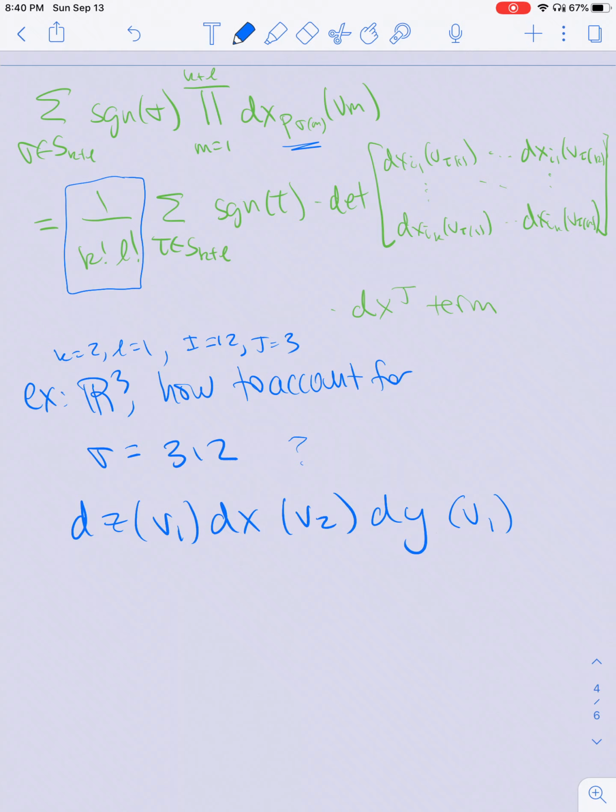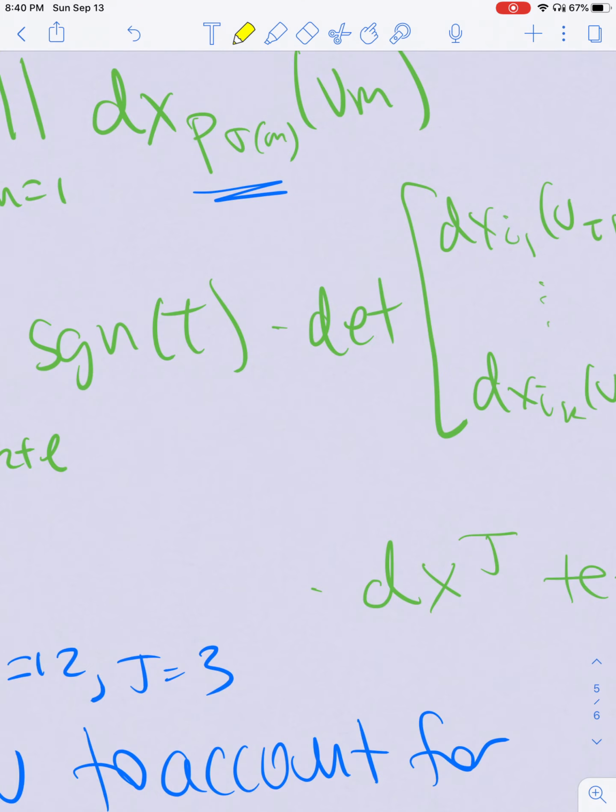Okay, so how am I going to account for this term on the right-hand side? The first thing I'm going to do is set tau equal to sigma inverse, which in this case is 2, 3, 1. So why am I doing this? Well, notice that in the upper equation, I have this property that when I take sigma of the subscript of the vector, I get the subscript of p of the coordinate.